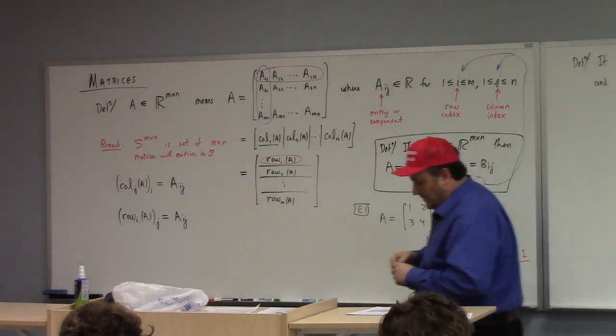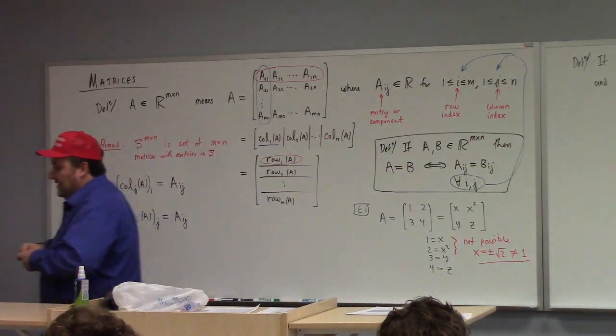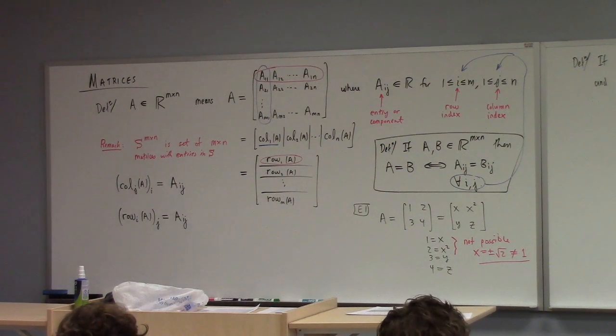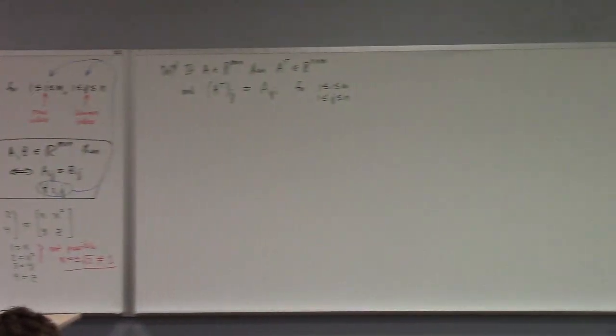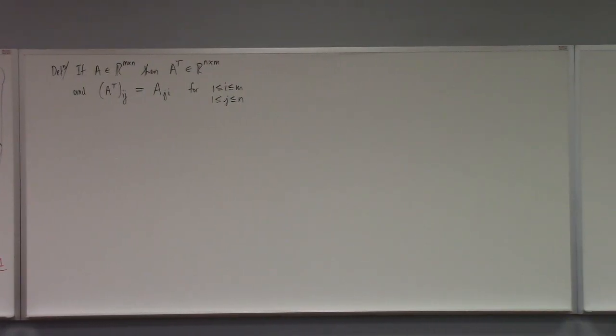Notice that the meaning of the row and the column indices are flip-flopped as you go from the matrix to its transpose, right? And what it means sort of schematically is that we change each row to a column and we change each column to a row if we go from a matrix to its transpose.